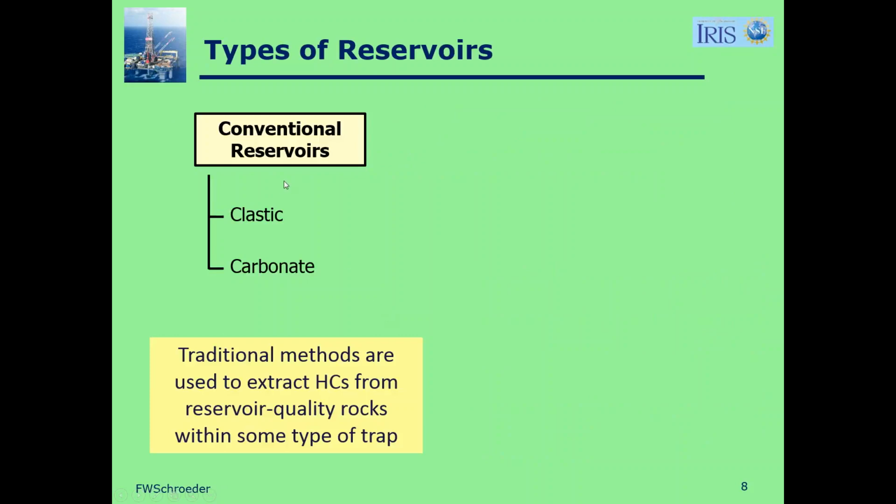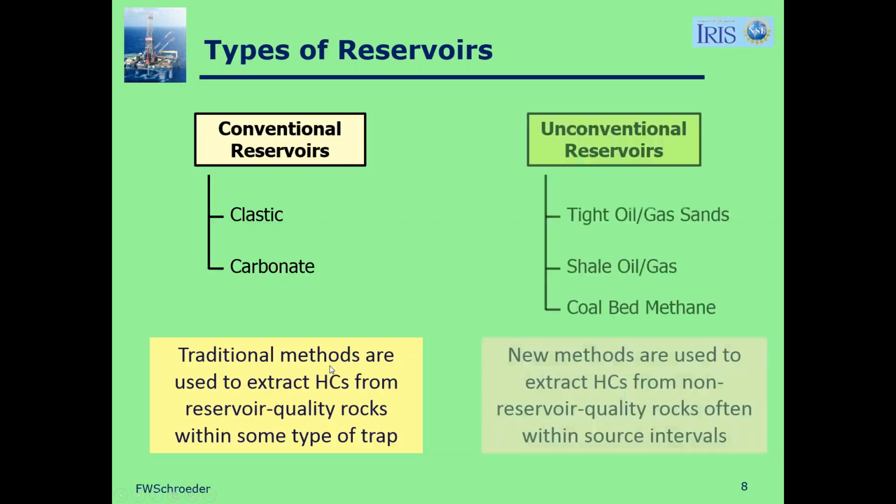The types of reservoirs, I'll mention a little bit about conventional reservoirs, and we have two: clastic reservoirs and carbonate reservoirs. And conventional means that we can use what we might say are traditional or time-tested methods to extract hydrocarbons from rocks that have good porosity and permeability. In the last 10 years or so, there's been a lot of emphasis on unconventional reservoirs.